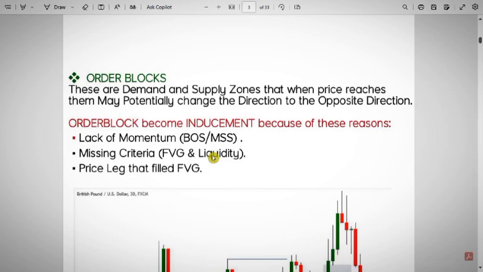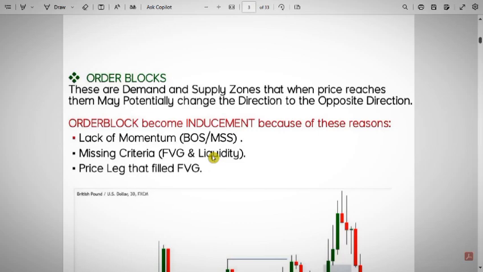So at a certain time in the near future, in the next few candles or hours, price is going to return to the same area, sweep that leg that filled the fair value gap, and then go to that order block, tap into it and bounce from it. And that's going to be your true movement that you were supposed to take, not the movement that filled the fair value gap.